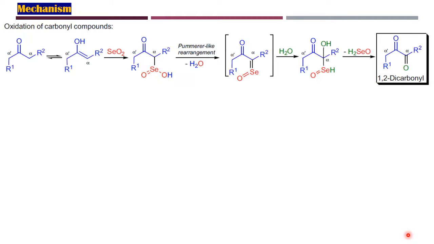What is the mechanism? For oxidation of carbonyl groups, initially you need to make the enol. Then one can think of a nucleophilic addition type of reaction with the selenium dioxide, which undergoes a Pummerer-like rearrangement wherein water is lost from it.